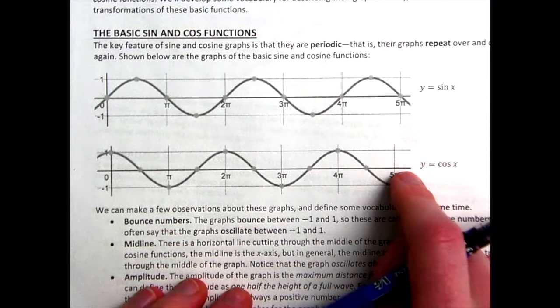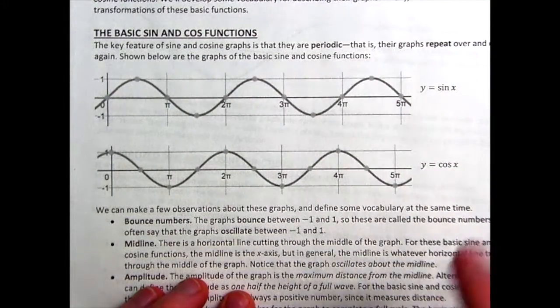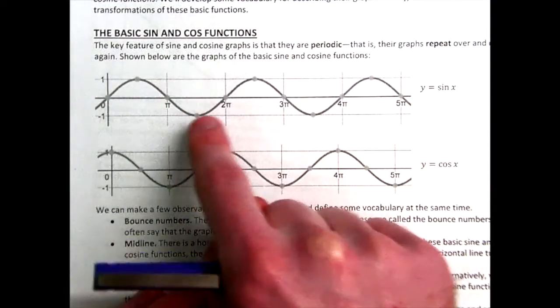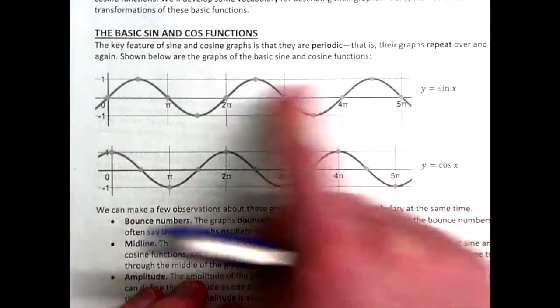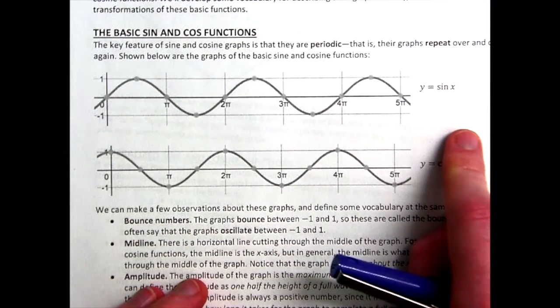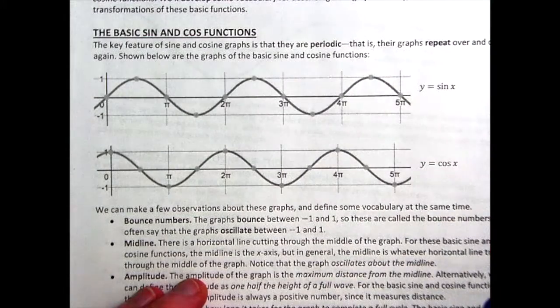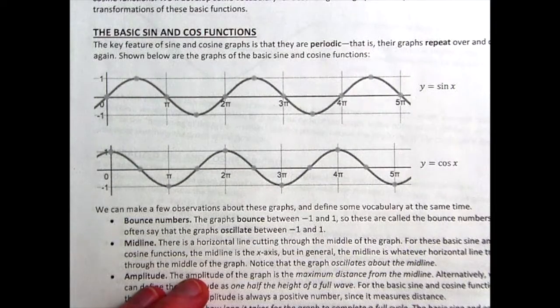And as you can see, they're very similar. They're both waves. And I want to emphasize that I've only graphed part of the graph. Of course, it keeps going forever in both directions, and it just keeps bouncing up and down. So I just want to make some observations about these graphs because we have to develop some terminology about how to describe these graphs.